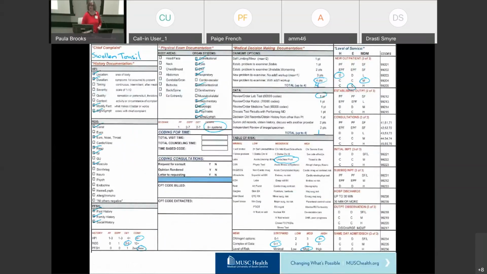Okay. So this is what it looks like on the audit tool. We had our chief complaint, swollen tonsils. We had our location, duration, modifying factors, and signs and symptoms. Our review of systems were our constitutional, ears, nose, and throat, respiratory, GI, and musculoskeletal. Past history, family history, and social history.